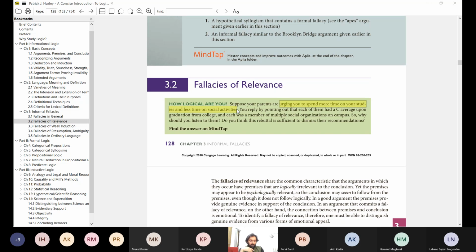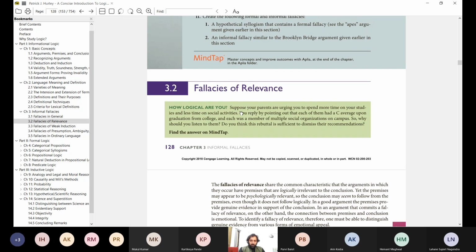And again, as critical thinkers, we're in the business of figuring out what reasons are good reasons. So this information that each of them had a C average is maybe actually not relevant to the point they're making.